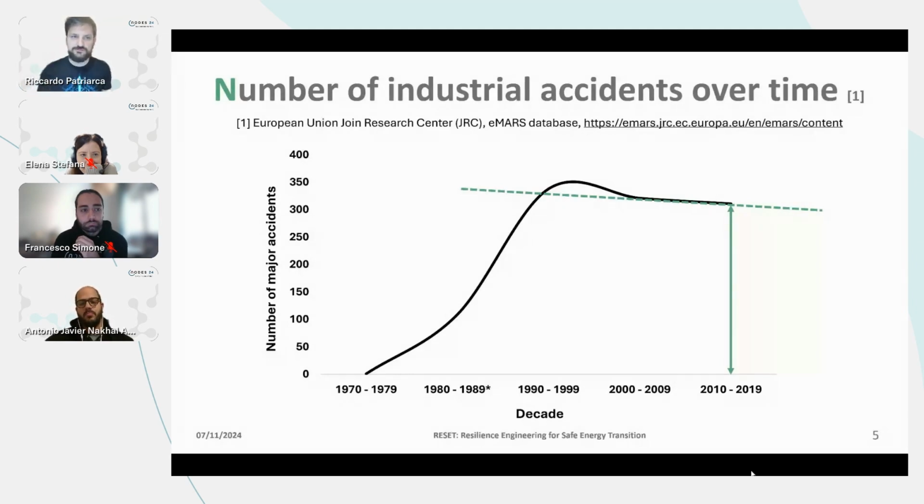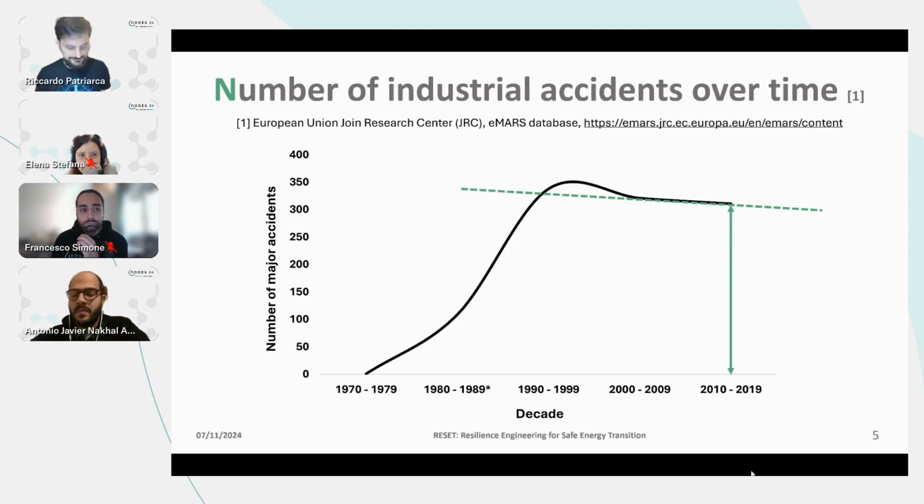But look at this graph. Over the last decade, the trend is slightly decreasing. It's not really dramatically decreasing. It means that the number of accidents is somehow fairly stable. And that's another driver for our project, because we know that we have reports, knowledge about events, and at the same time, we know that these events are not decreasing.